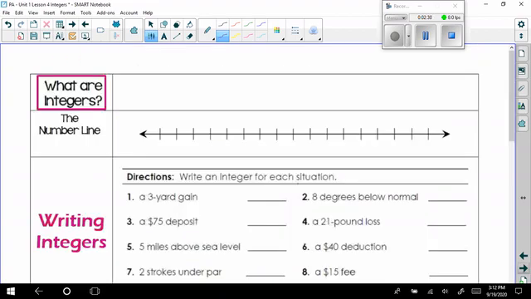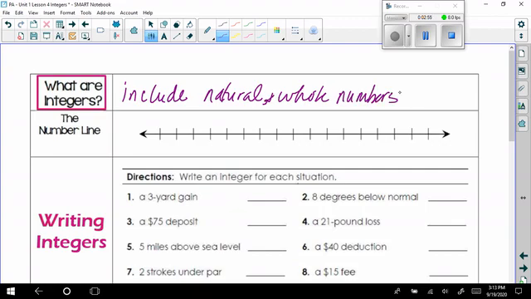Okay, so what are integers? Integers include the natural, whole, I should say natural and whole numbers, and their opposites, meaning positive and negative whole numbers.